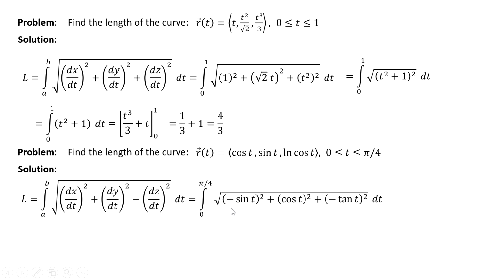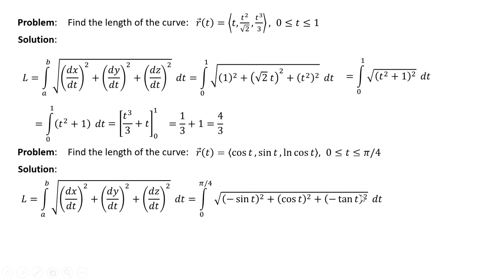Is it obvious? Come on. Yeah. When we square negative sine t, we get sine squared t. Is this plus cosine squared t? Sine squared t plus cosine squared t is 1. Cool.